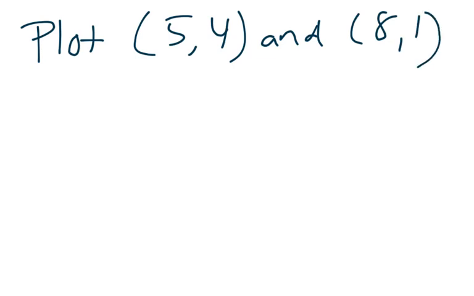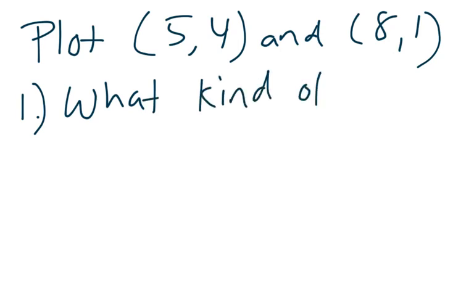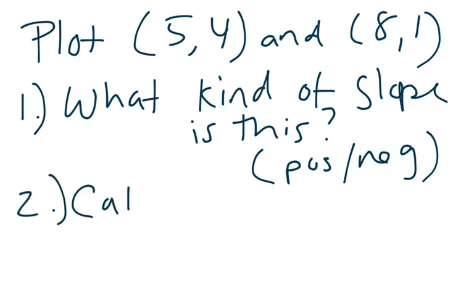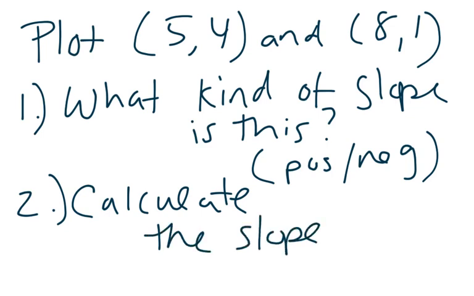And then I would like you to answer this: what kind of slope is this? And by that, what I mean is I want you to tell me, is it positive slope or negative slope? And then I want you to actually calculate the slope. And I want you to confirm what you know about the slope with your calculation.